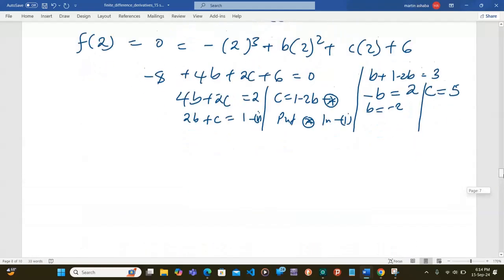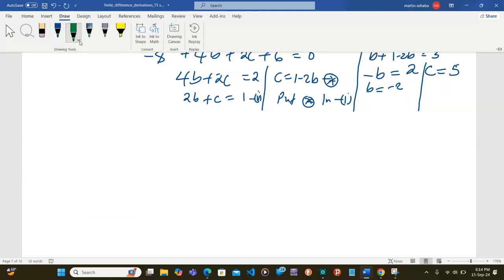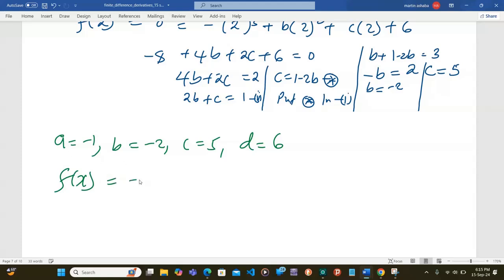We have determined the values: a is equal to negative 1, b is equal to negative 2, c is equal to 5, d is equal to 6, and therefore f of x will equal negative 1 x cubed minus 2 x squared plus cx, which is 5x, plus d, which is 6.